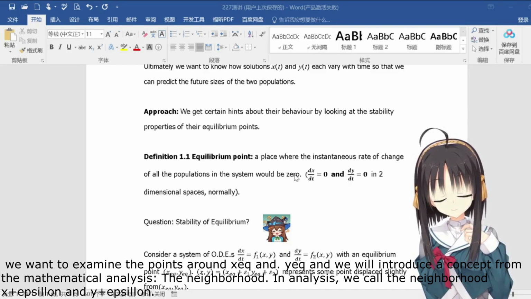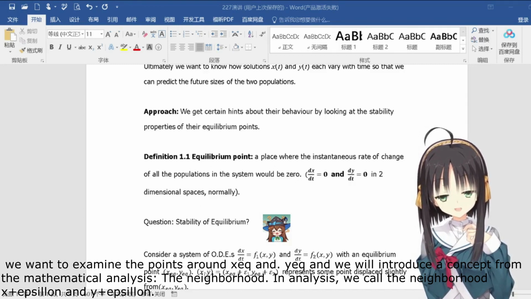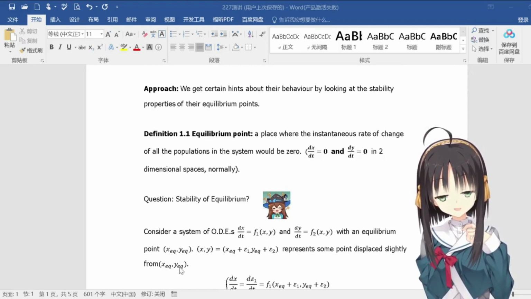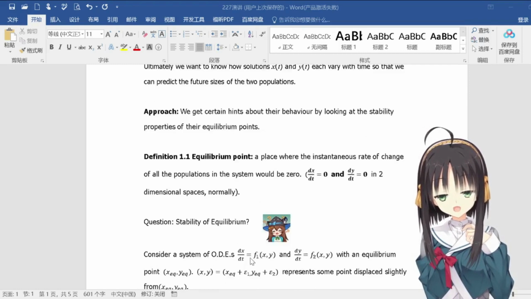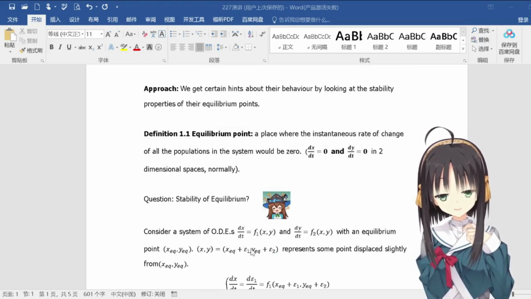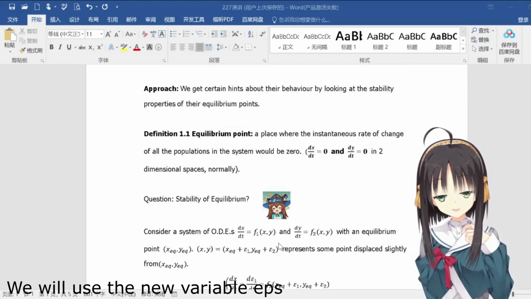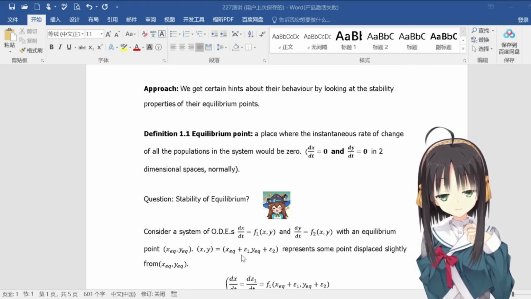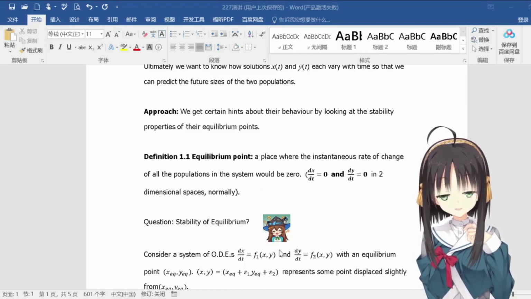In the analysis, we consider points x and y that represent some point displaced slightly from x_eq and y_eq, and we will use the new variables epsilon1 and epsilon2 here, where x equals x_eq plus epsilon1 and y equals y_eq plus epsilon2.